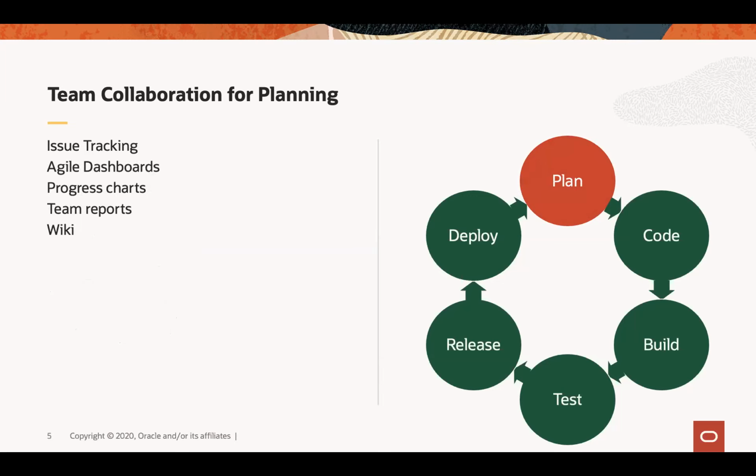So for the plan stage of DevOps, what we offer you is an issue tracking system in the cloud. Issue tracking is something where you can document all your to-do items. So instead of just managing it on a notepad or in some Excel spreadsheet, it's actually an online system accessible from the web, also accessible through REST interfaces, where you can document all your to-dos.